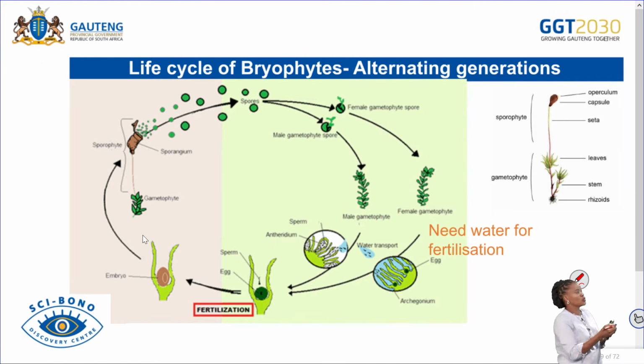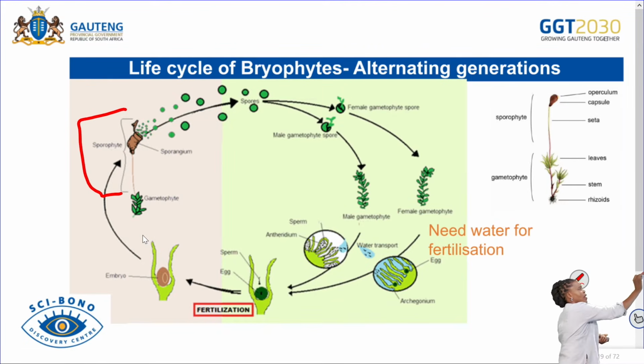Now let us look into the life cycle of the bryophyte with that alternating generations. Let's start here with the sporophyte generation. The sporophyte has the seta, and it has the sporangium. Inside the sporangium are the spores.